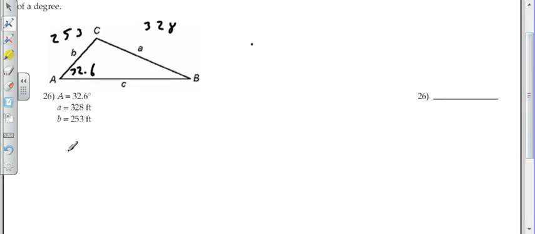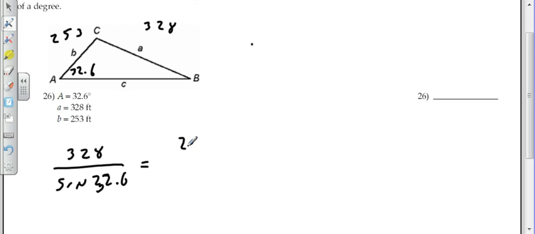So 328 over the sine of 32.6 is equal to 253 over sine B. Okay, so we want C, we want B, and we want little c. That's what we're looking for.